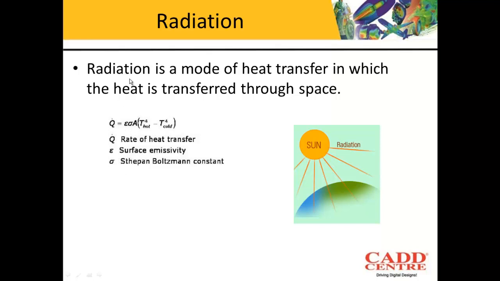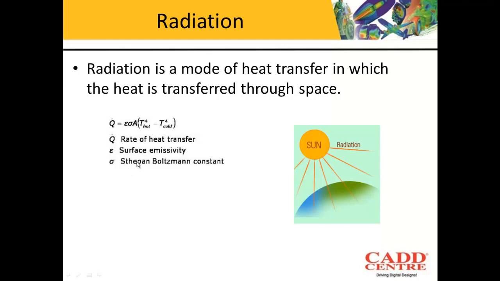Now when you talk about radiation, there are two types of bodies. Whenever a body is being radiated with energy or some rays, if it is a perfectly black body, it will absorb everything that is radiated on it. So it does not radiate anything back, it absorbs everything. In that case, the emissivity is 1.